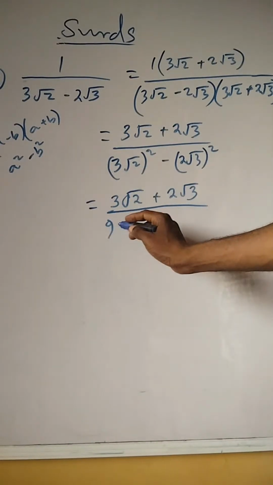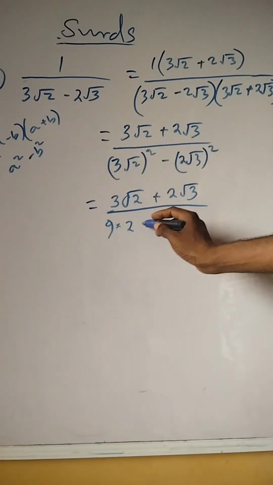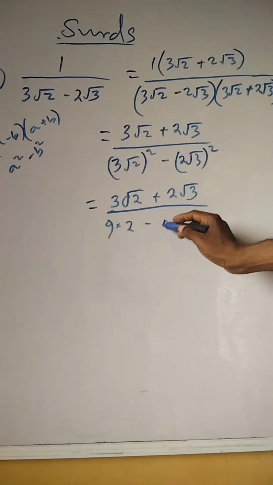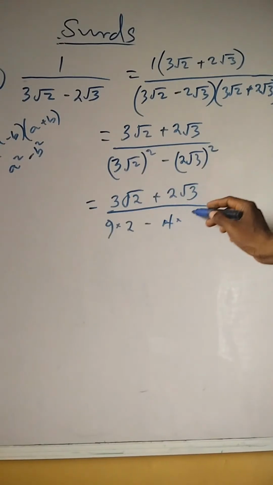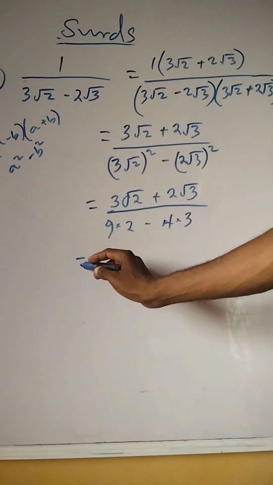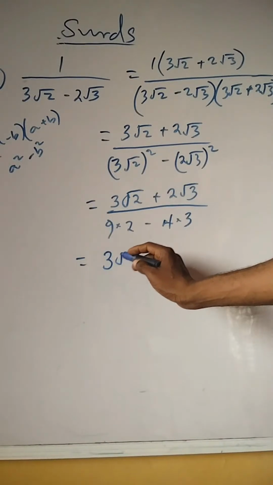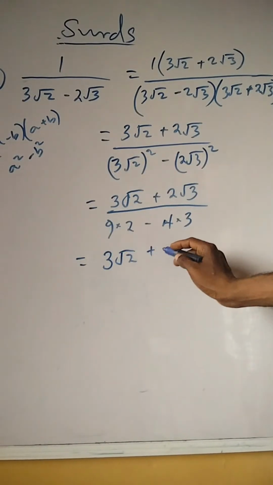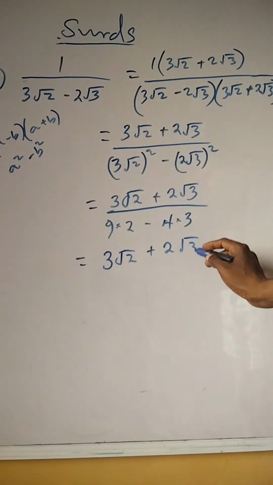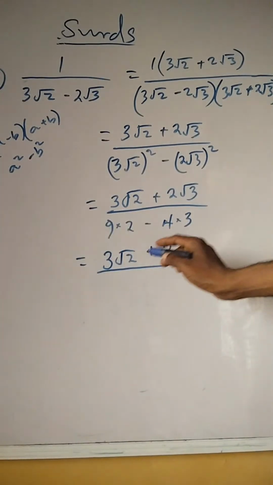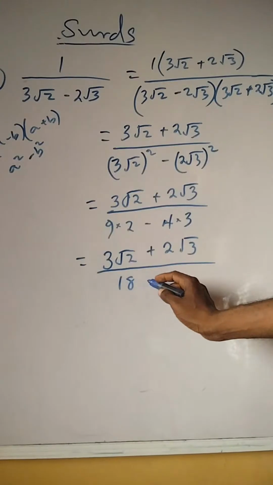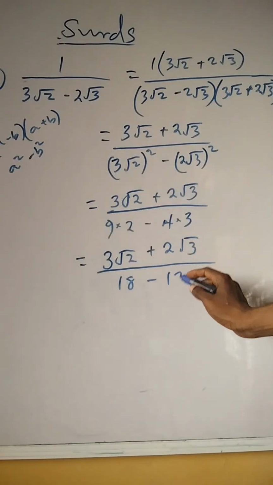3 square is 9 times root 2 square, that's 2, minus here also 2 square is 4 times root 3 square, that's 3. And we have 3 root 2 plus 2 root 3 divided by 9 times 2, 18, minus 4 times 3, 12.